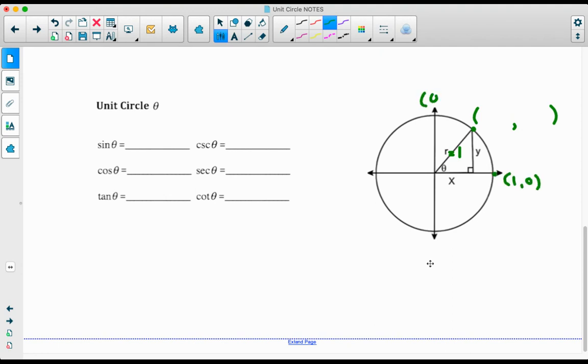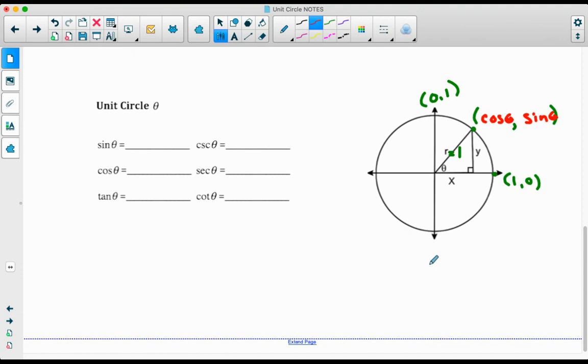This has a value of 0, 1. Well, what happens when you go over x over 1? That ratio for that angle is always going to be equal to cosine. What is the y value always equal to on the unit circle? It is always equal to the sine of theta. So that coordinate is equivalent to cosine theta, sine theta on the unit circle.